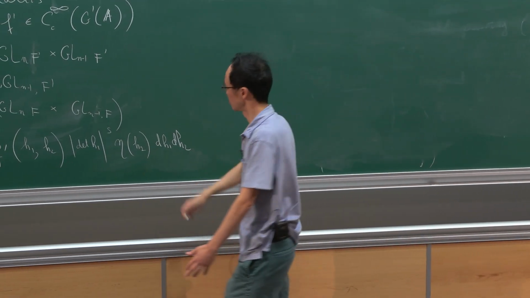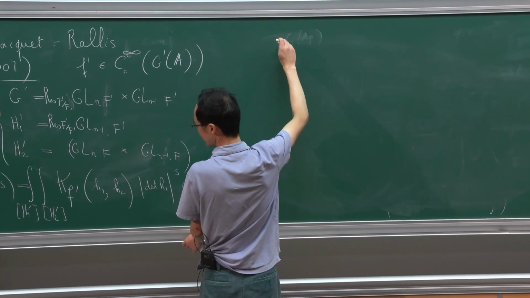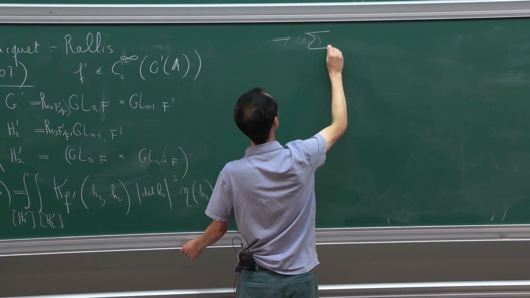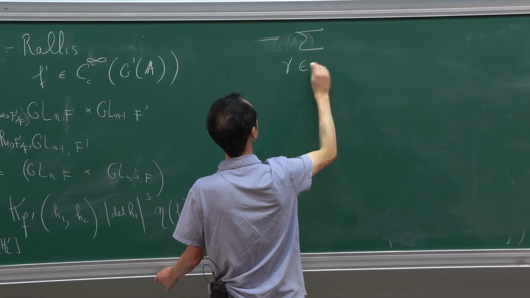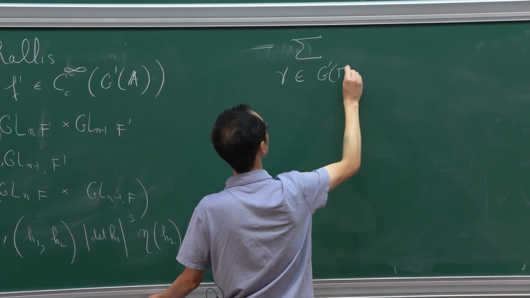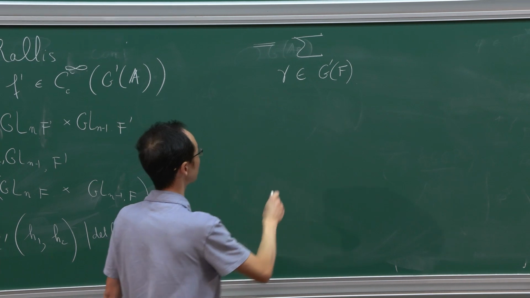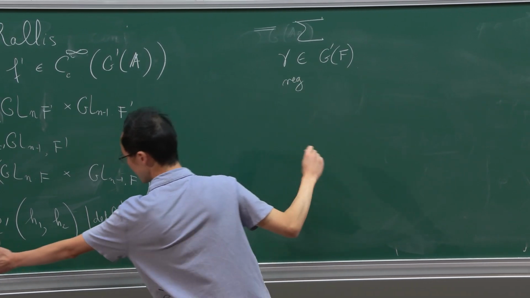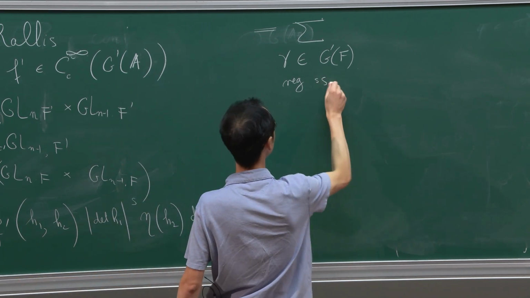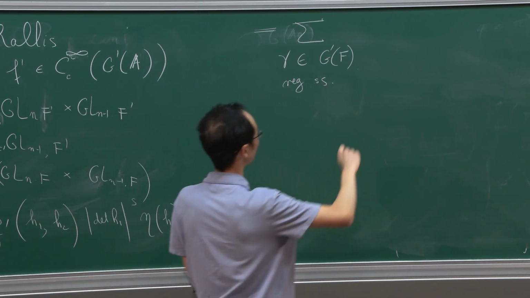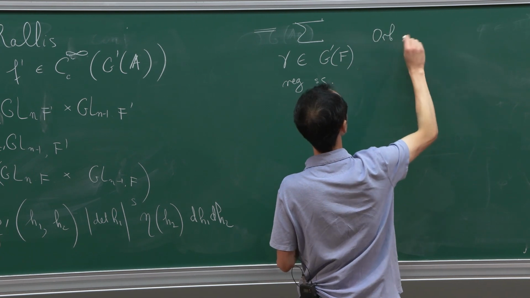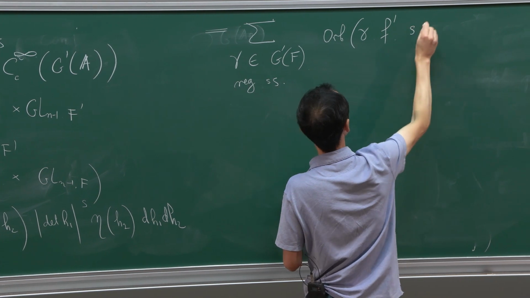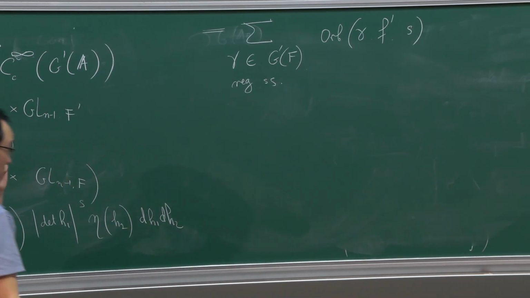Then you take the geometric side. This will have, at least for the good orbits called gamma, regular semi-simple orbits modulo the translation by the two subgroups, an orbital integral of gamma, f prime with s variable, at least for the good orbits.